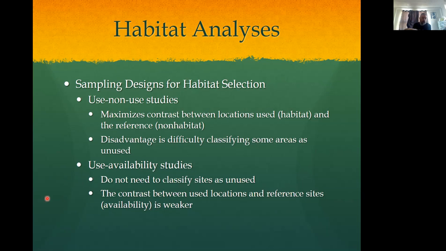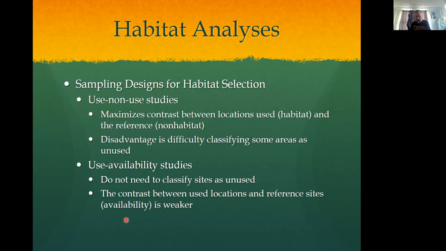But are they spending all of their time at the watering hole? Are they spending all of their time foraging for mast in the forest? What are they doing? Within their available habitats, where are they spending their time? So it's a little bit easier on one hand because we don't have to say for sure that this area is unused, but the power of understanding what makes a habitat good or bad or whatever is a little bit weaker.